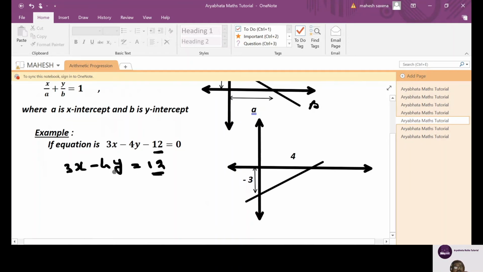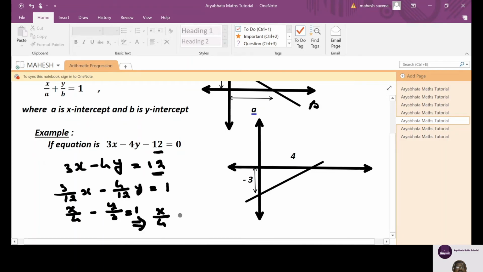Now divide the whole equation by 12, then this equation is 3/12 x minus 4/12 y = 1. Therefore, this can be written as x/4 minus y/3 = 1. This implies that the equation can be written as x/4 + y/(minus 3) = 1.